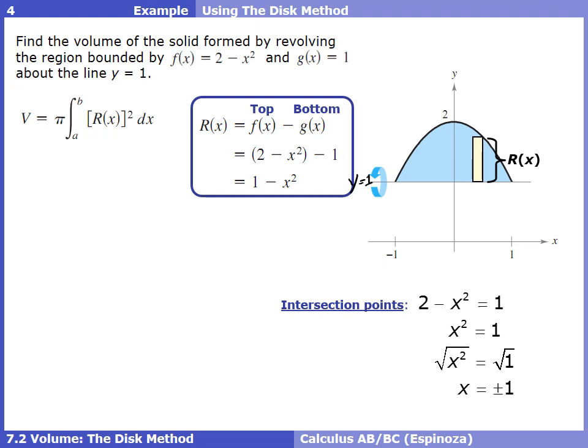So, not too bad. Once we have that set up, which was just kind of like what we would have done in 7.1, what's different though in 7.2 is now we're using it in this formula to find volume. So don't, again, forget about that pi in front of the integral. We're going to integrate from negative 1 to 1, those are our bounds, of the function 1 minus x squared, all squared.